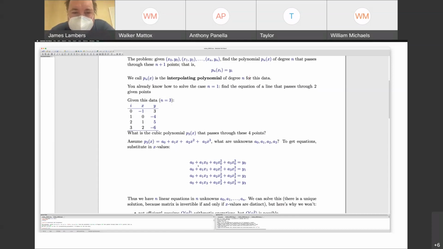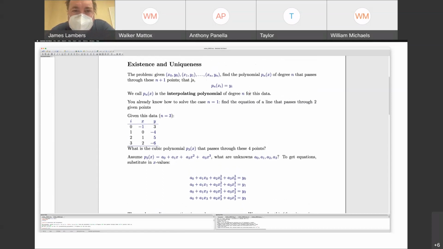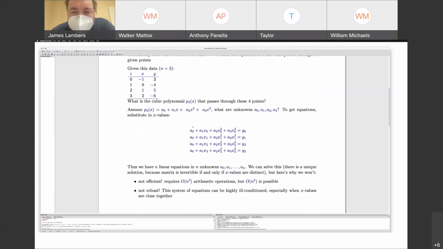It can be shown that if the x values are all distinct, and for now we will assume that they are distinct. We will drop that assumption later in the chapter. But if they are distinct, then the matrix of this system, which is called a Vandermonde matrix, can be proven to be non-singular or invertible.